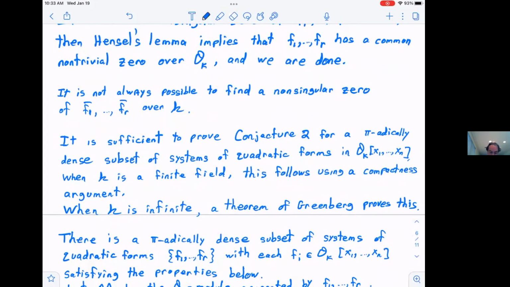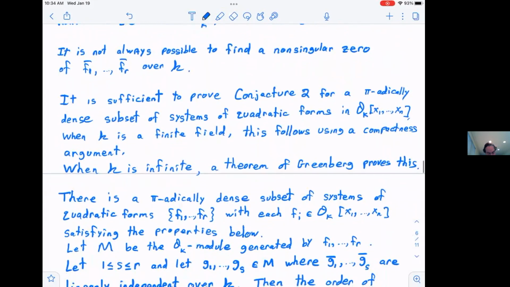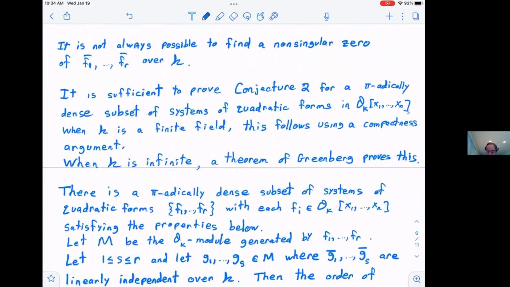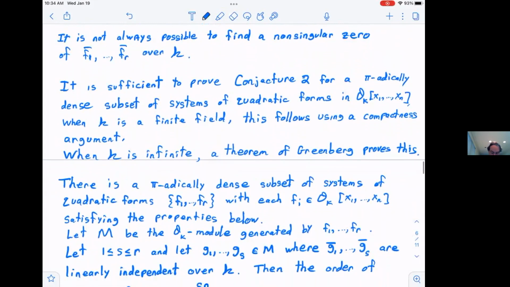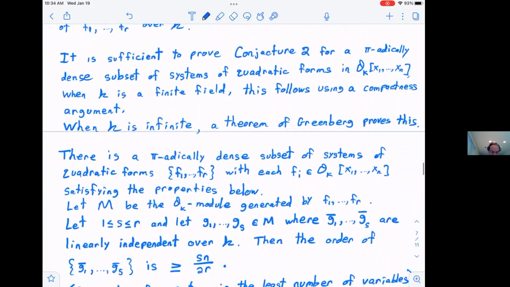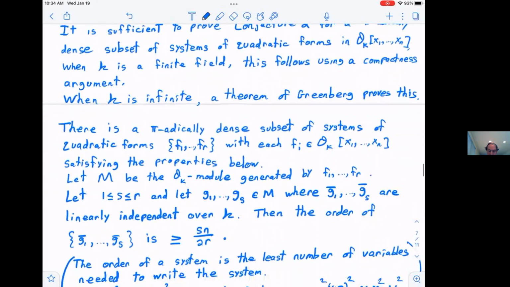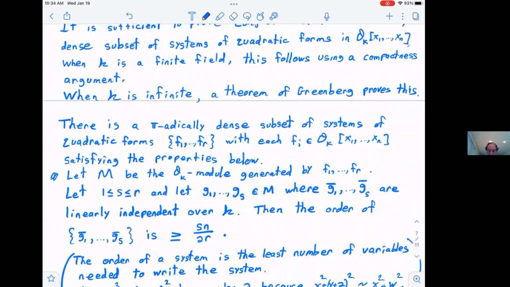Okay, which p-adically dense subset of systems? There is a p-adically dense subset of systems of quadratic forms, with each Fi having integer coefficients, satisfying the properties below. Let capital M be the O sub k module generated by F1 through FR.